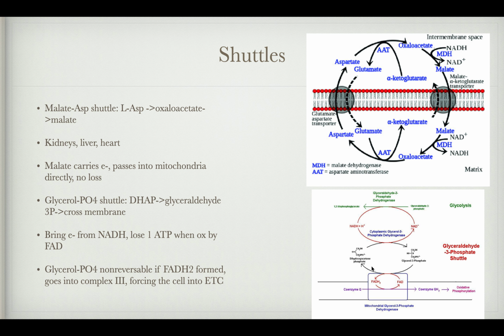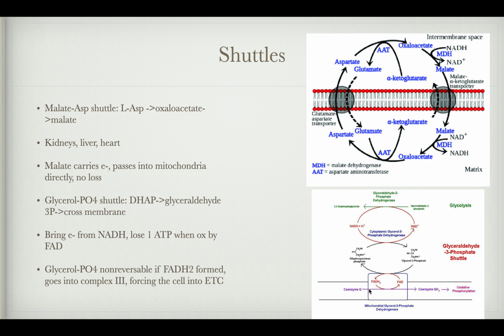I do not know why FAD is used instead of NADH to transport the electrons. I'm just not sure why, but this is why this shuttle loses the ATP.